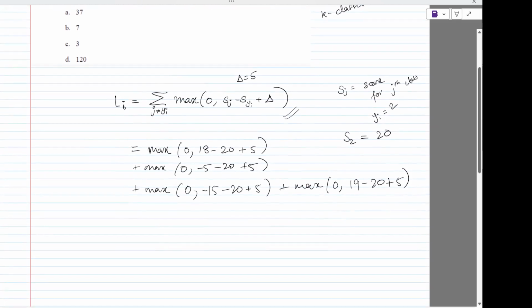You can just continue this. This is equal to 7.